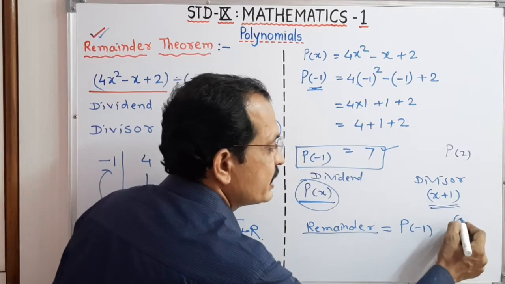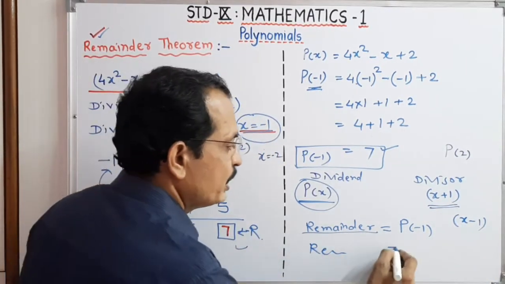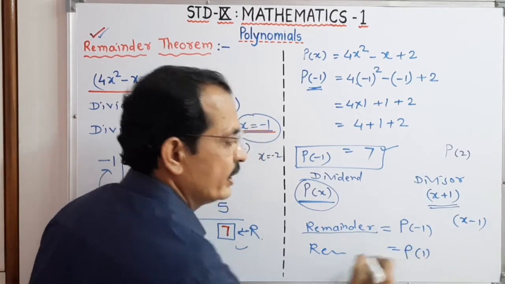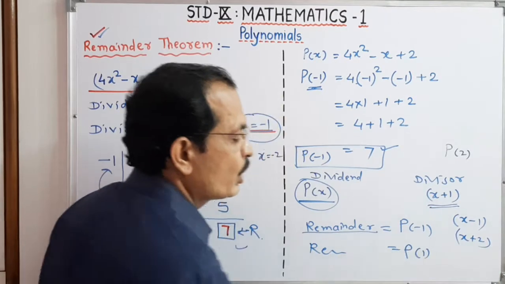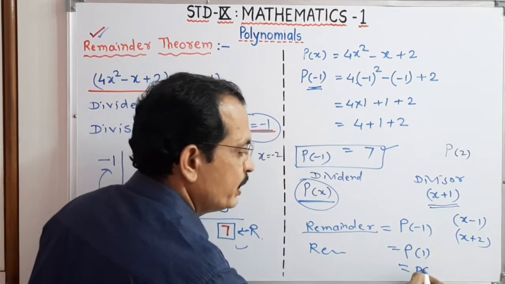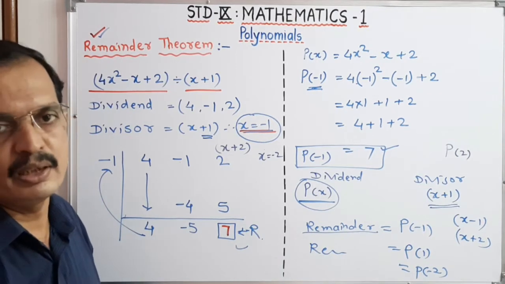Suppose the divisor is x minus 1, then what will be the remainder? The remainder will be p(1). If the divisor is x plus 2, then what will be the remainder? The remainder will be p(minus 2). Got it? This is the remainder theorem.